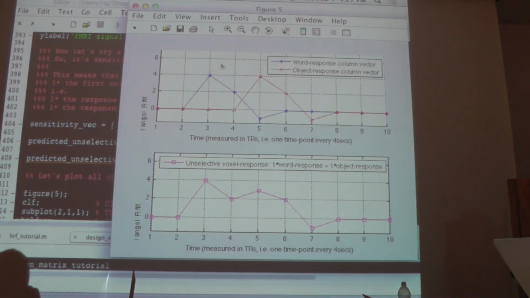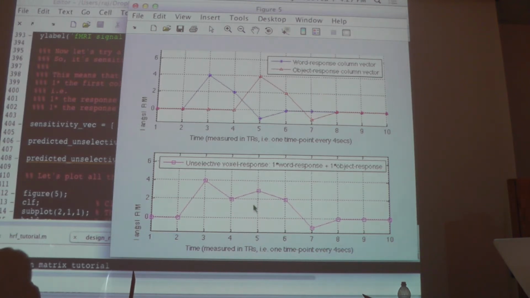Okay, so here's my predicted response to each individual stimulus, and here's what the predicted response would look like. You'll notice how similar this looks to one of the things we made in the HRF tutorial before. So if I were to record a response from a voxel that looked like this, and I know that I have one stimulus at this point and a different condition stimulus at this point, then when I run this matrix multiplication backwards, I could say, aha, I think that this is a voxel that likes words to strength 1 and likes objects to strength 1.